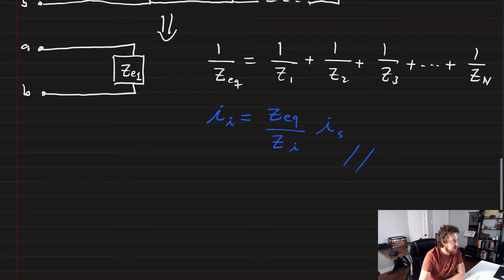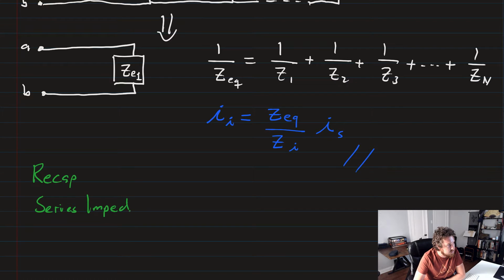Let's recap real quick, in a different color. Let's do it in green. For series impedance, Z EQ is just equal to the sum, from I equals 1 to n, of those impedances.